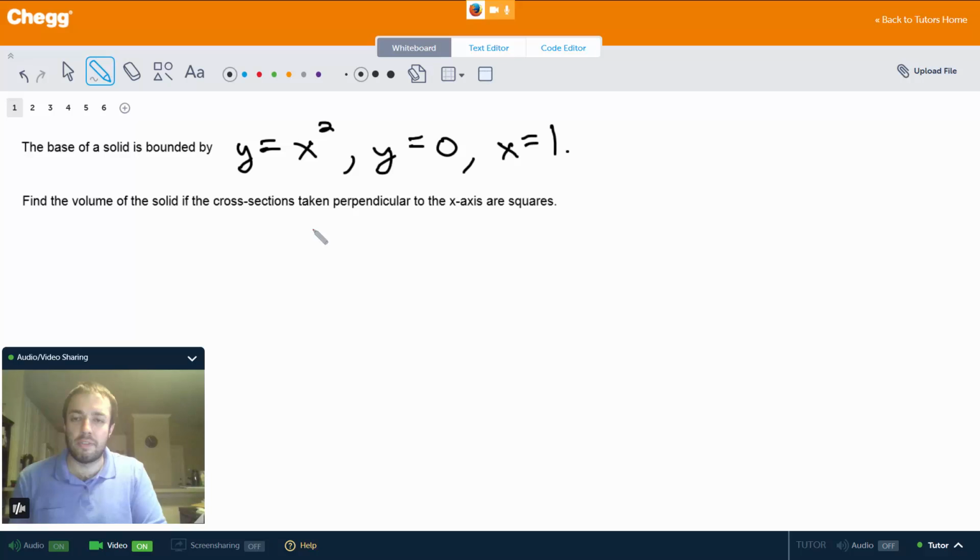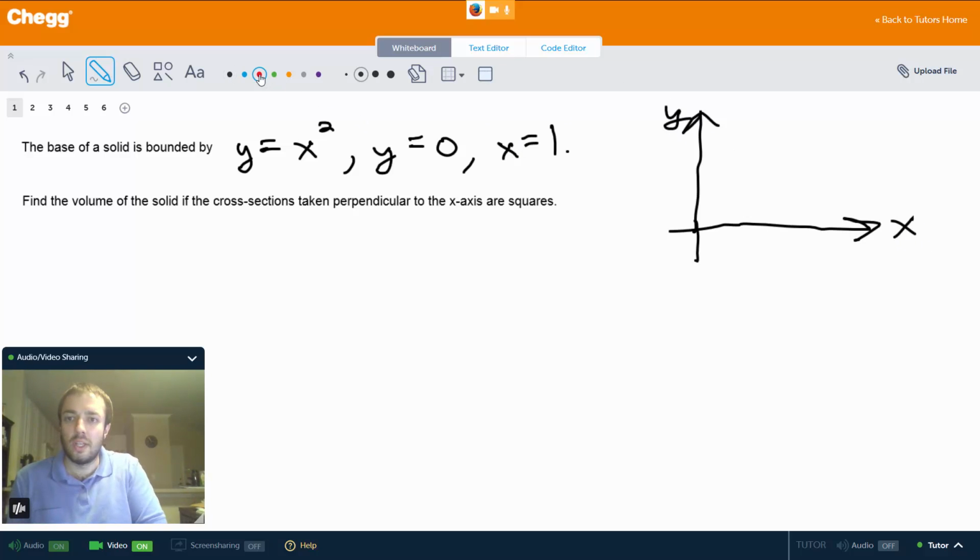If you're relatively new to this sort of thing, or even if you're not, this might be hard to visualize. So let's draw a graph of what's happening. There's our y-axis, there is our x-axis. Here is y equals x squared, and y equals 0 is just the x-axis.